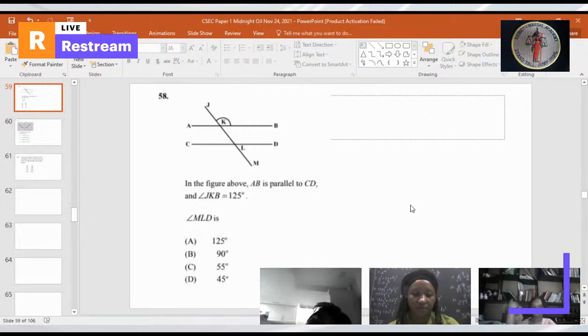Miss, wouldn't L be the same, since it's the same line? Are they the same? Are they corresponding angles?